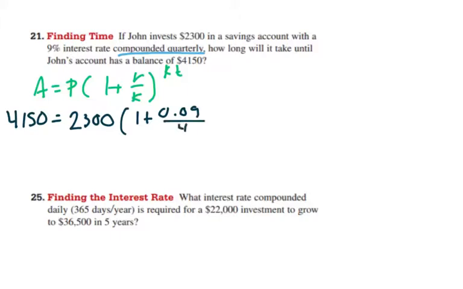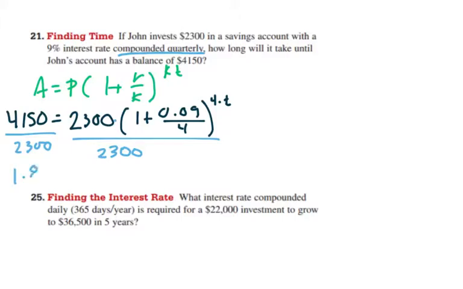His K is quarterly, which means 4, and then we'll bring that to the 4 times T. And then, of course, we're solving for T. So, to solve this, we'll divide by that multiplier of 2300. So 4150 divided by 2300 leaves us with 1.8043. I'm going to get this as a decimal while we're at it.